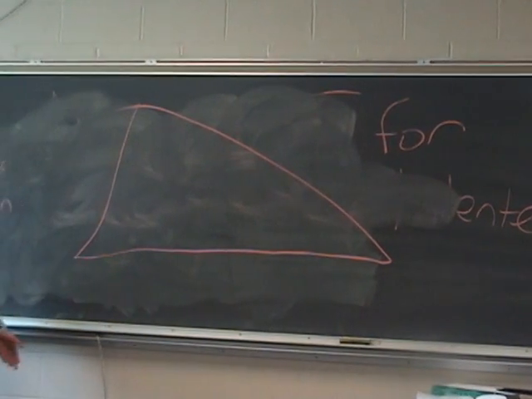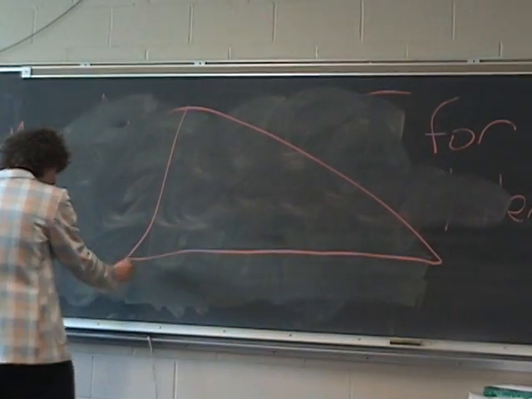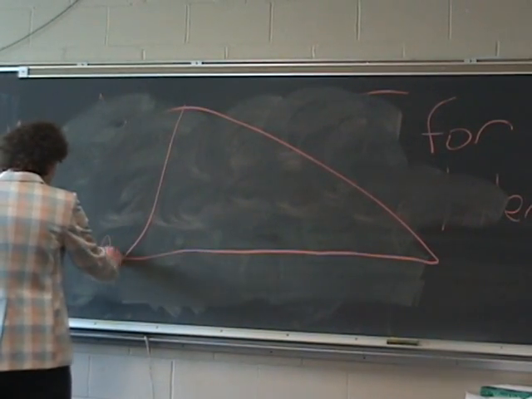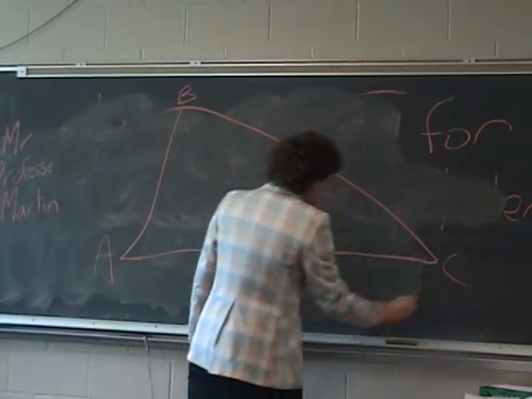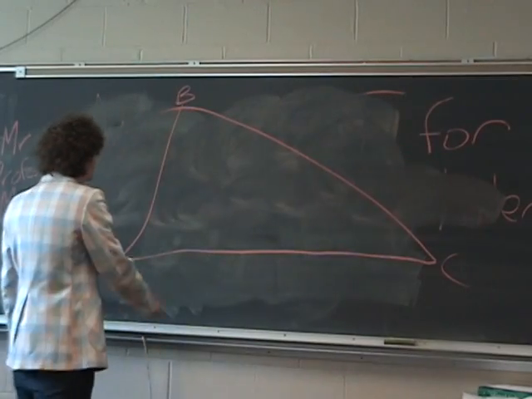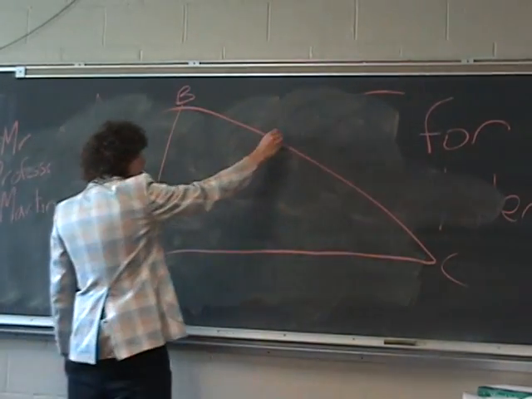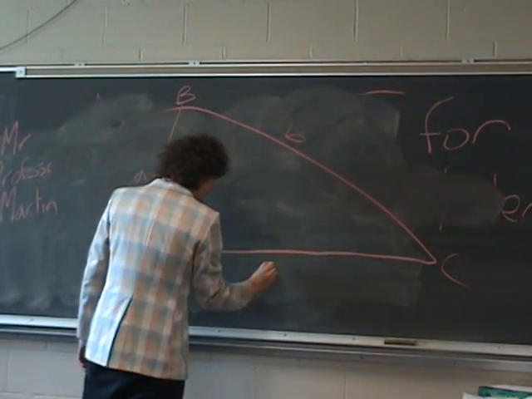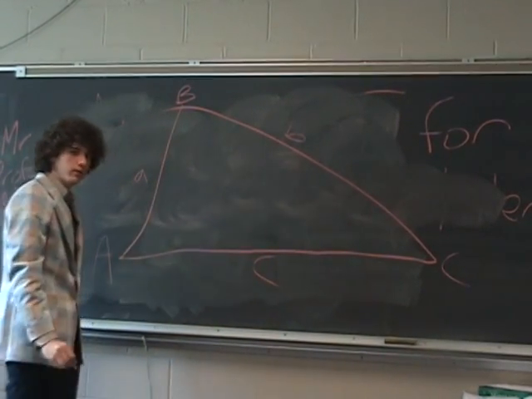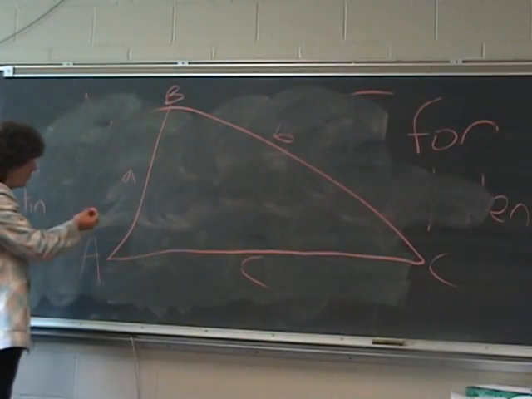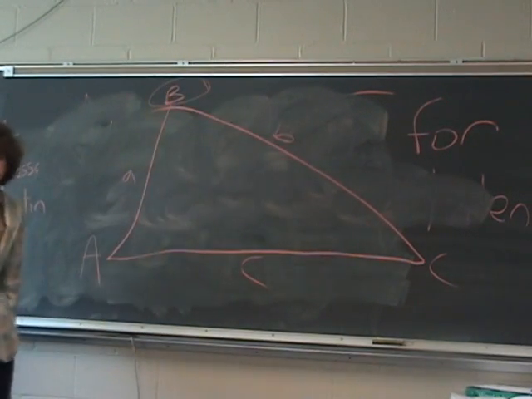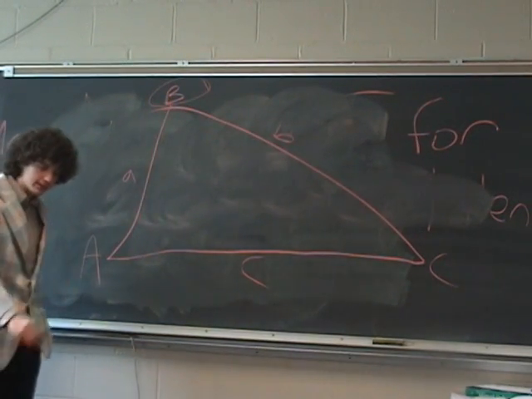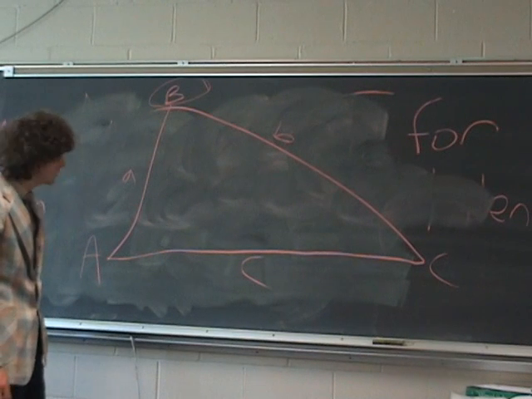Okay, so let's say I just name this triangle A, B, C for each of the angles, and side A, side B, and side C. Can anyone tell me what the sine of angle B is? Professor Martin, I believe that is incorrectly labeled.